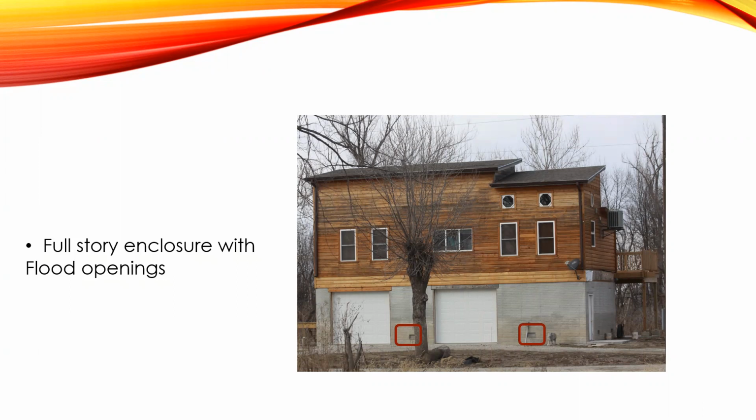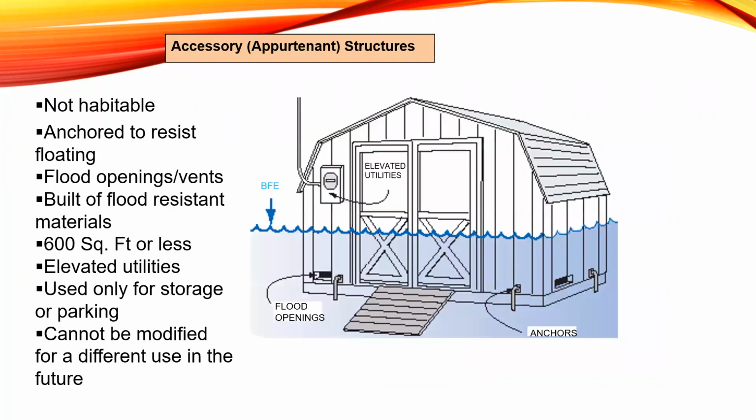This was used for just parking, storage, building access, so they were able to return to the structure with just minimal cleaning and repair, and it really didn't take any damage. So that's how it's supposed to function. It allowed floodwater to go in and out, and so the foundation walls are perfectly fine in this case, and that's also why we limit the use of those enclosures.